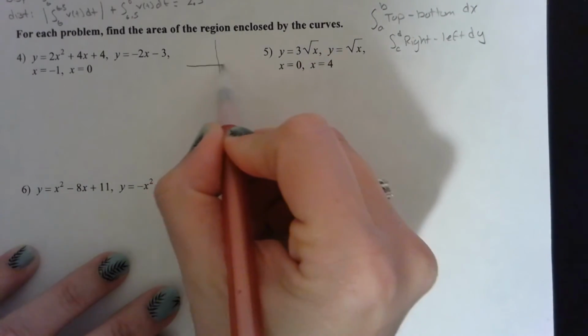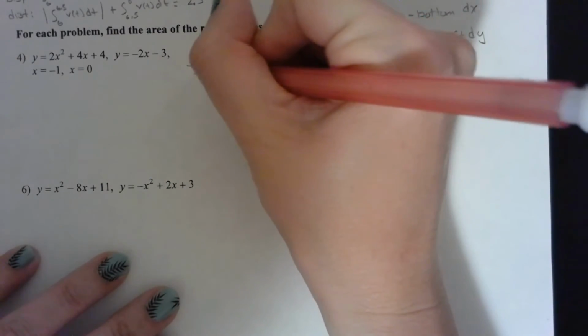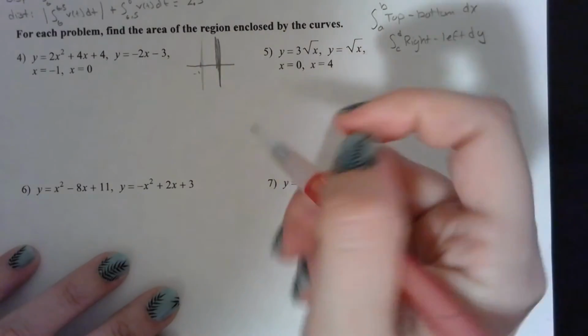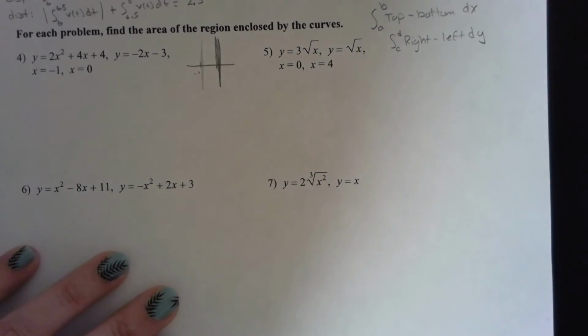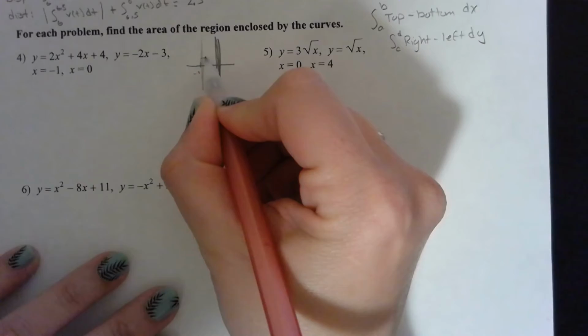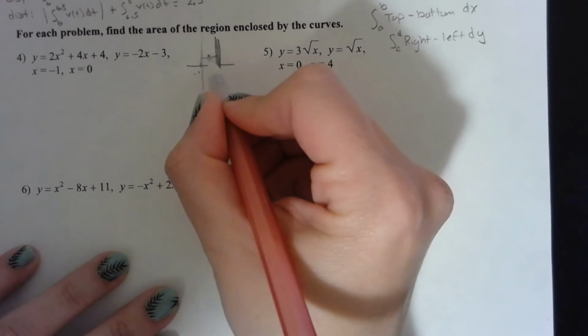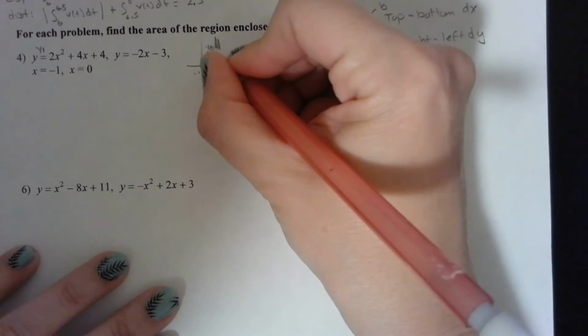So just so I have it, we're really going from here, let's call this negative 1, to here. And my top function that I used, on here it was my blue function, it was the one that went slightly like this. Okay, and I'll call this y1.